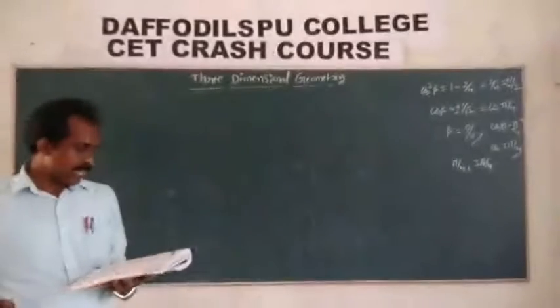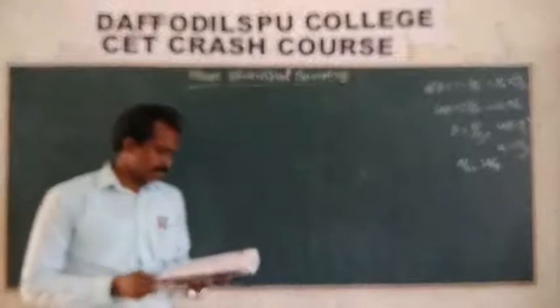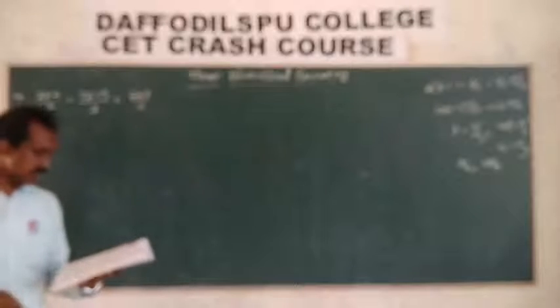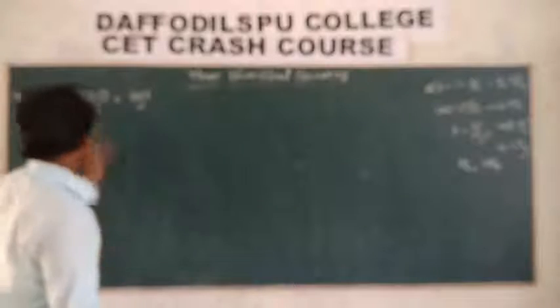Next, direction cosines of the line (x plus 2) by 2, (2y minus 5) by 3, (z minus 1) is equal to 0. Therefore, z plus 1, there is no value. Direction cosines of the line are, so these are (x minus x1) by a, (y minus y1) by b.